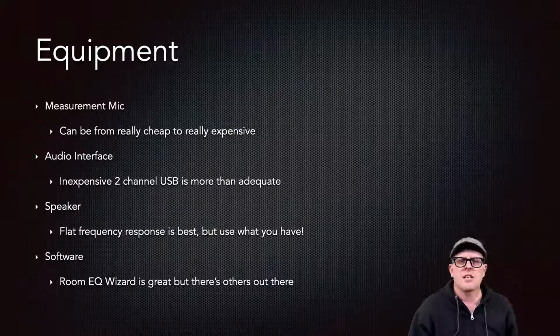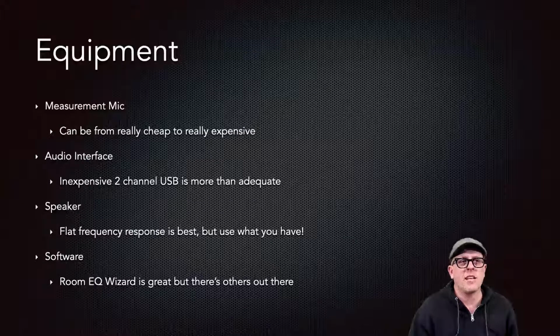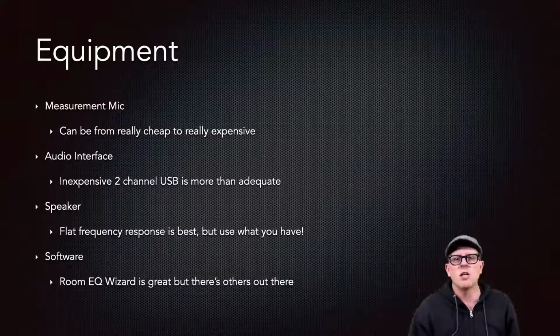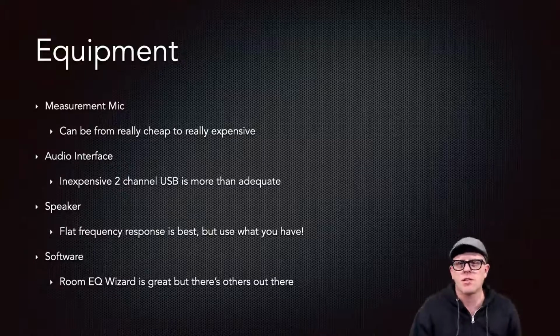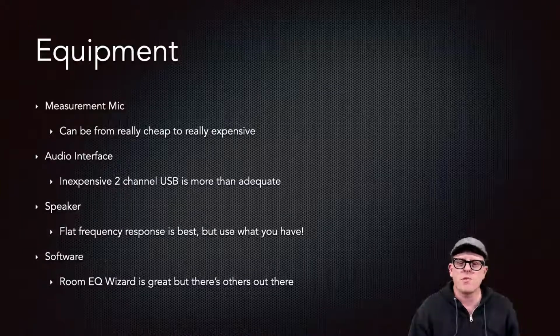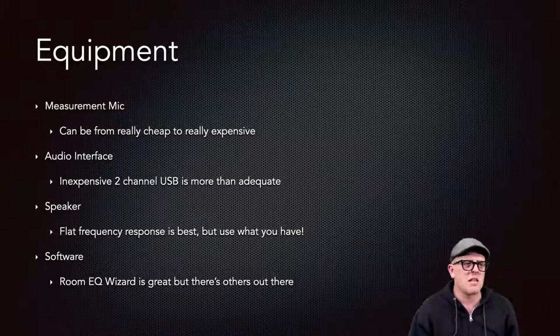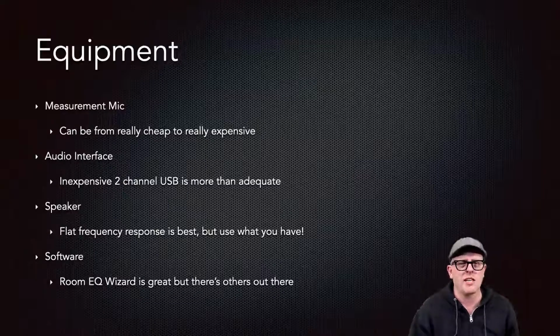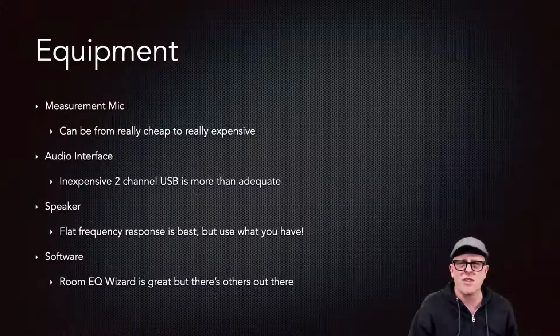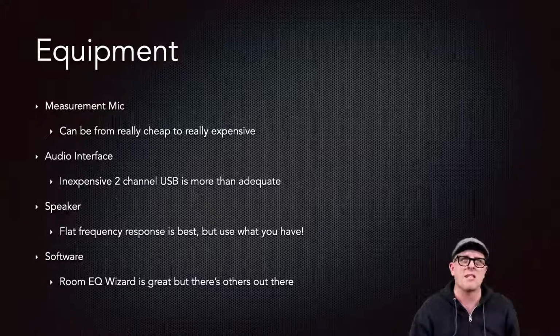That's used a lot for setting up PA systems. It's good, but I would say it's not really what we're looking for here. For what it is, Room EQ Wizard just kicks some serious butt. It's been around for a long time. It's written by one dude, and it's amazing software. It's worth like $2,000. It's that good. It's amazing that it's free.